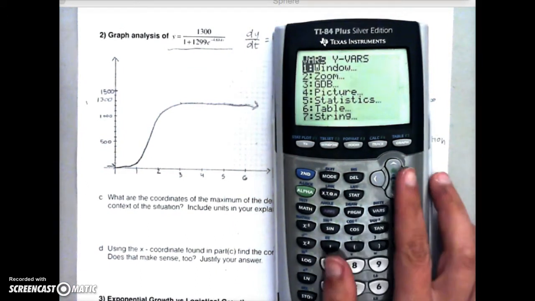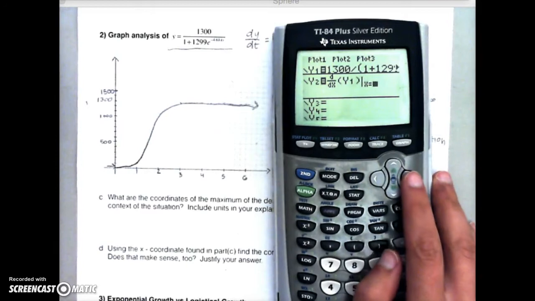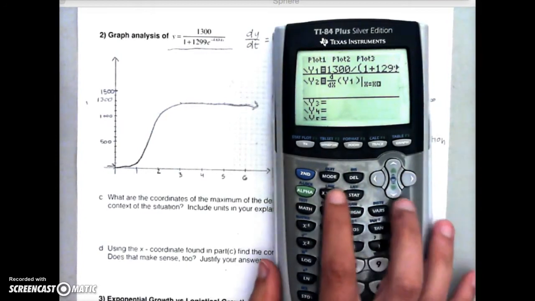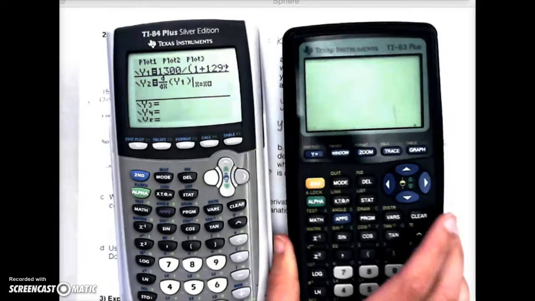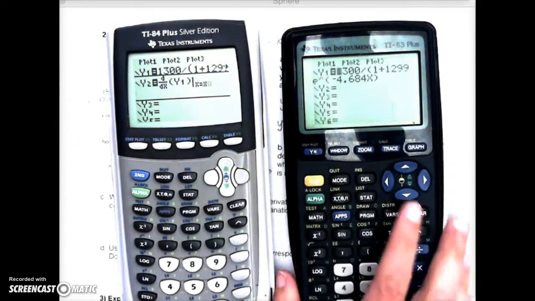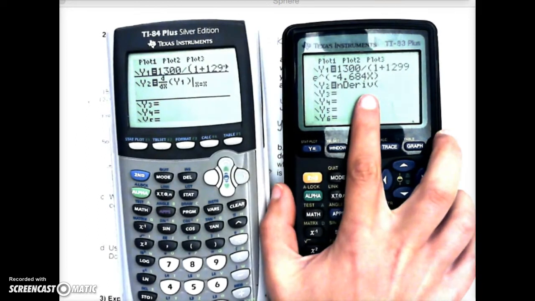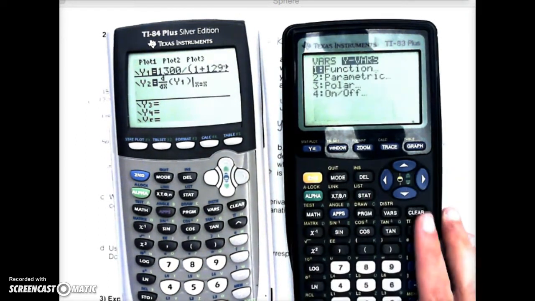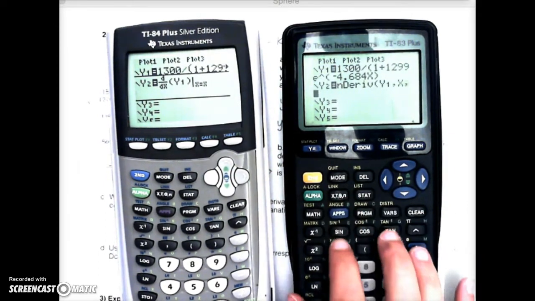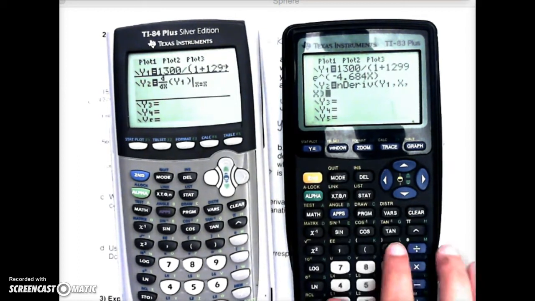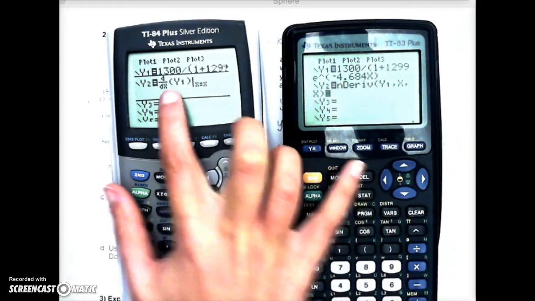So vars, go over, hit function y1, and we want that with respect to x. So that's how you do it in the TI-84. If you have the older version of the calculator, you hit math 8, and it pops up a little bit differently. Vars y1, and then with respect to x, starting at x. This will get you the same result.